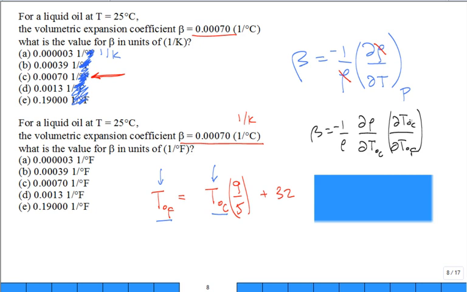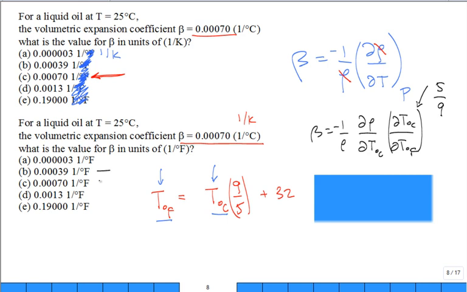And so this rate of change in degree C over change in degree F is either 9/5 or 5/9. Which one is it? 5/9, isn't it?